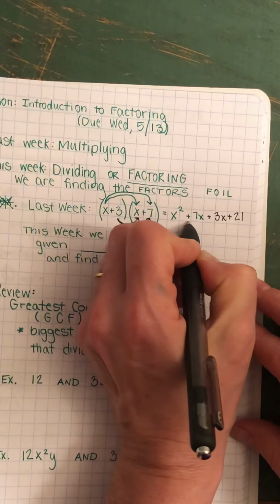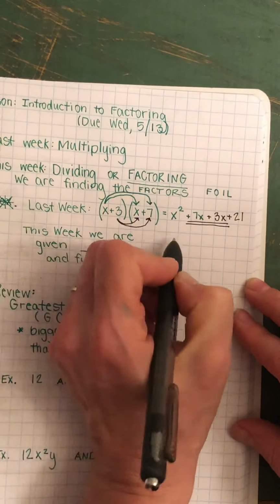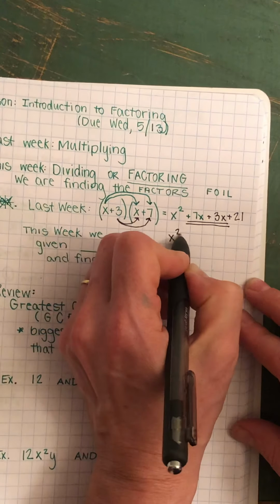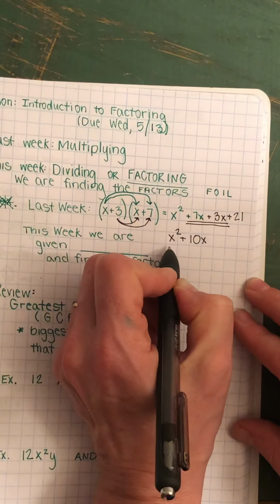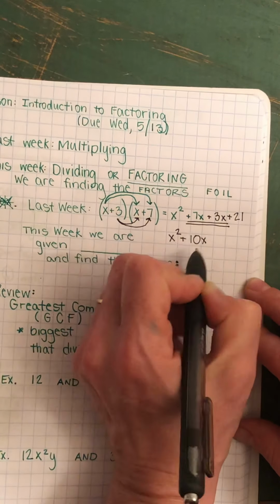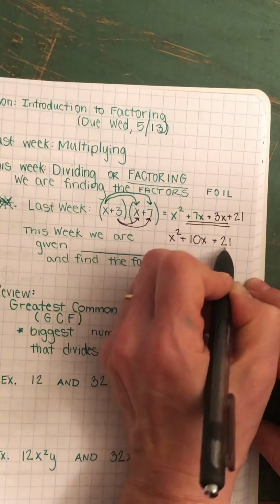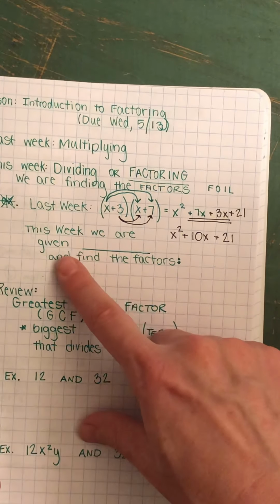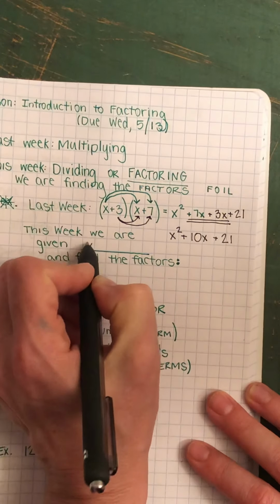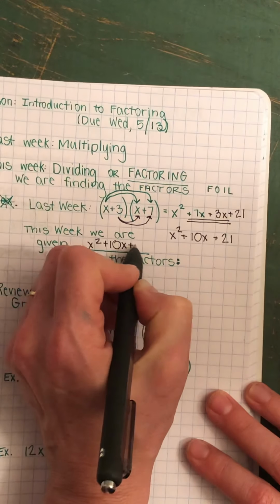And then we have these middle terms that we can combine. We're combining like terms, something we've done for a long time in this class. So the x squared drops down, 7x and 3 more x's are 10x's, plus 21, our constant term. This week, we are given x squared plus 10x plus 21.